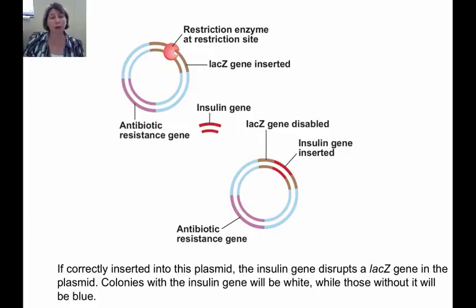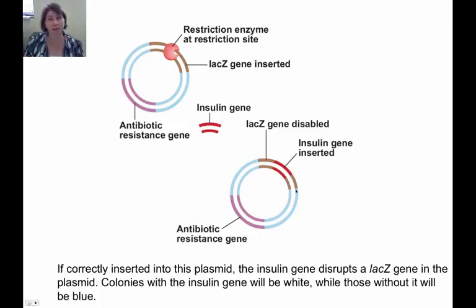In the plasmid which has no insert, so this original plasmid itself, the LacZ gene will produce a blue colour when given a particular substrate called X-gal. However, when we cut with a restriction enzyme in the middle of this LacZ gene and clone into it another gene, or another DNA fragment, in this case insulin, then we'll be disrupting the LacZ gene.